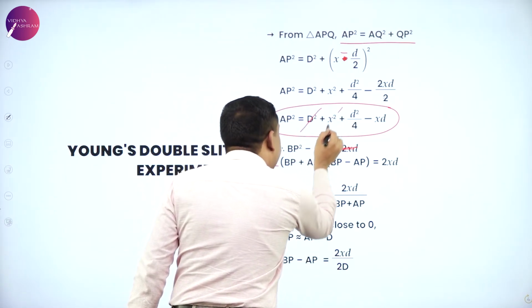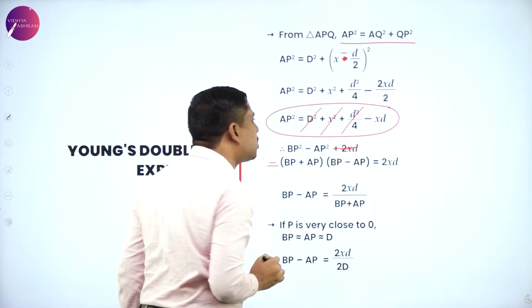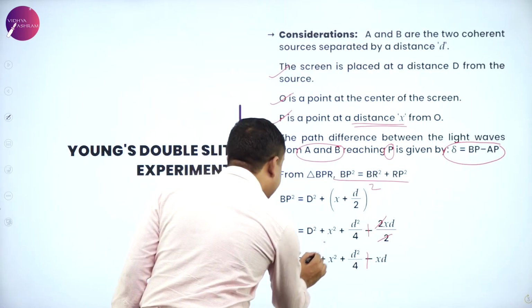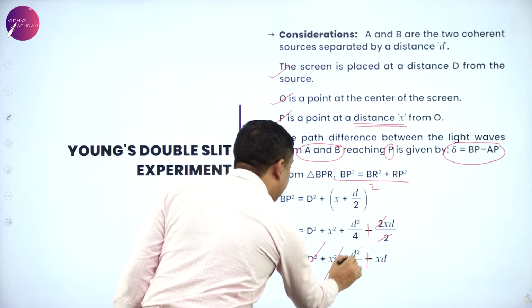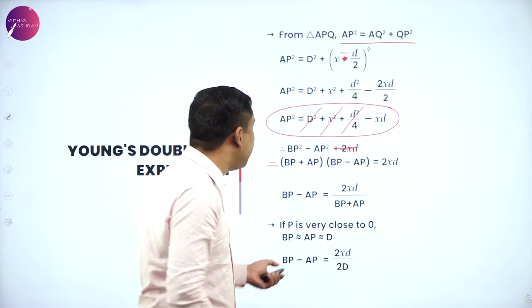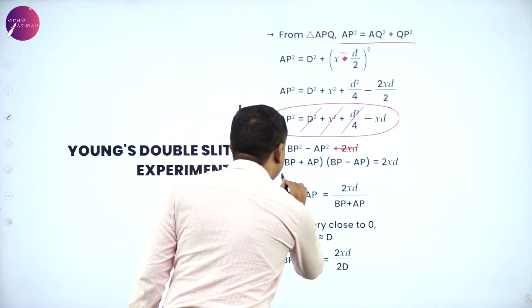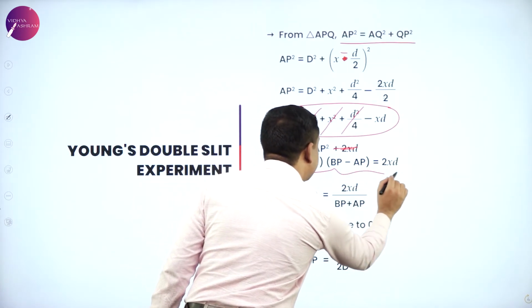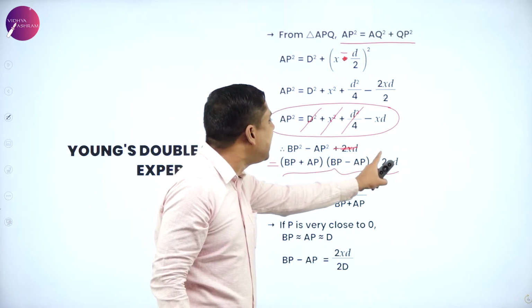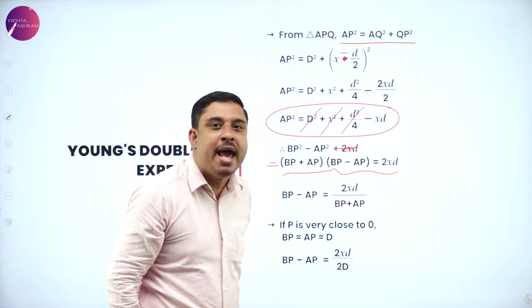D square, X square, d square by 4 gets cancelled. Again D square, X square, d square by 4 gets cancelled. So what remains here? 2Xd.